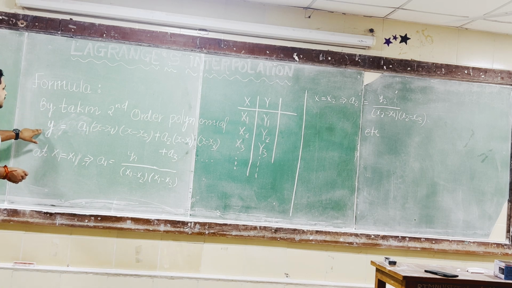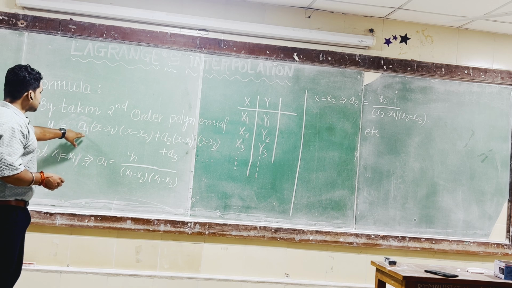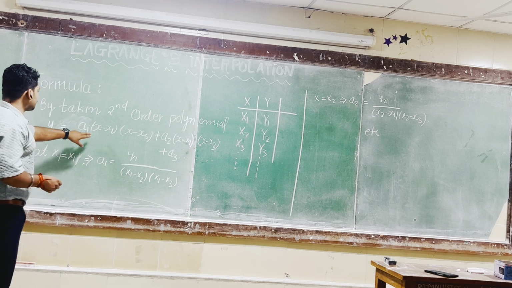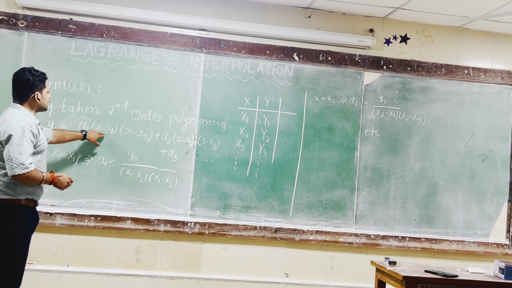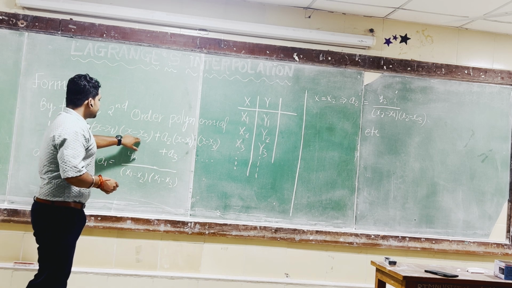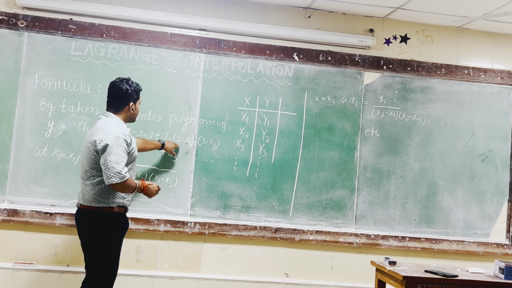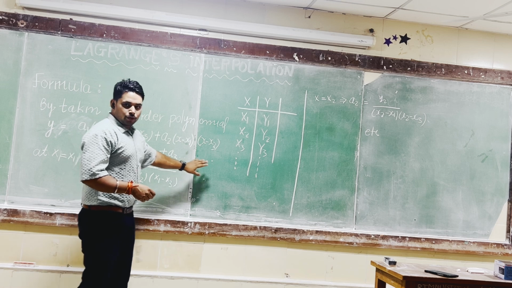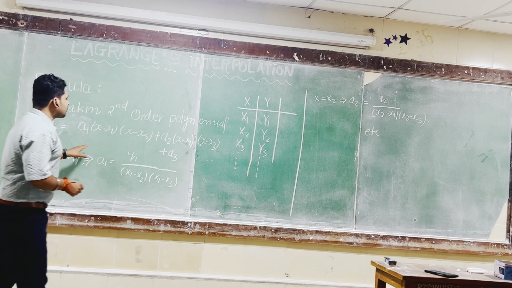First we take a second order polynomial, y equals a1 (x minus x2)(x minus x3) plus a2 (x minus x1)(x minus x3) plus a3 (x minus x1)(x minus x2), where a1, a2, a3 are constants. Suppose this is our second order polynomial.